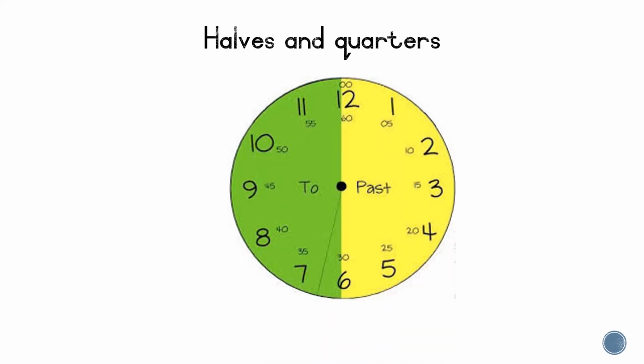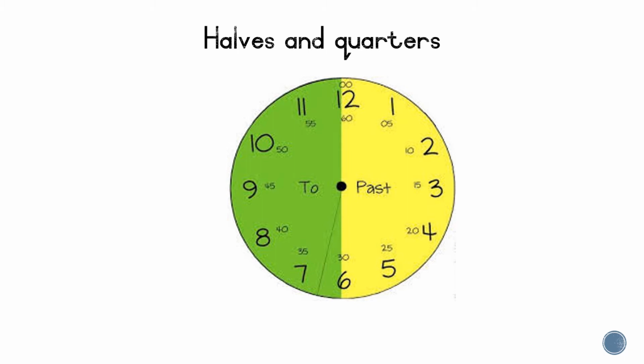Halves and quarters. Let's talk a little bit about halves and quarters. This will explain reading time a little bit better. A clock, when we read it, is divided into 2 halves. On the right side in yellow, we talk about past, and on the left side in green, we talk about to.